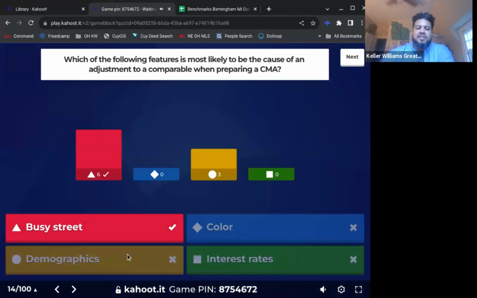Never demographics. Demographics would get you in a lot of trouble. So don't ever use that in a CMA comparison. We don't talk about schools. We don't talk about demographics, whether a neighborhood is good or bad. So never that. Just know that will get you in a lot of trouble for steering or things like that. So be very careful of that.